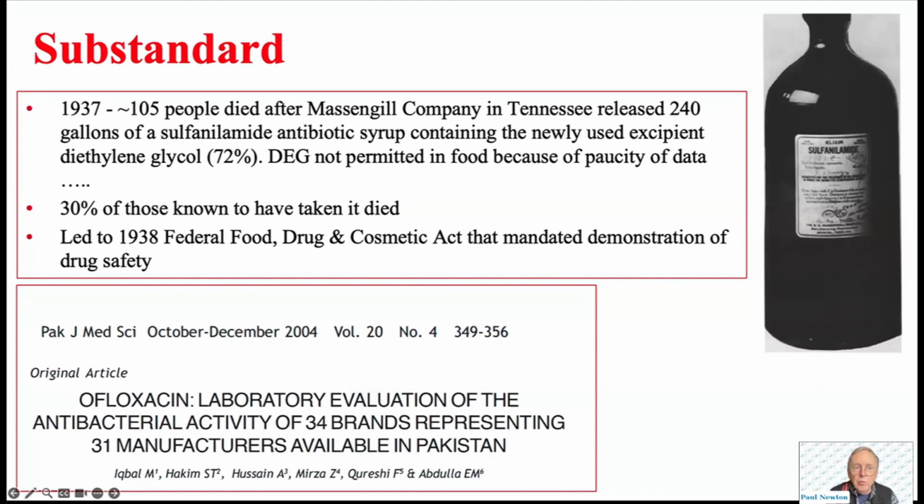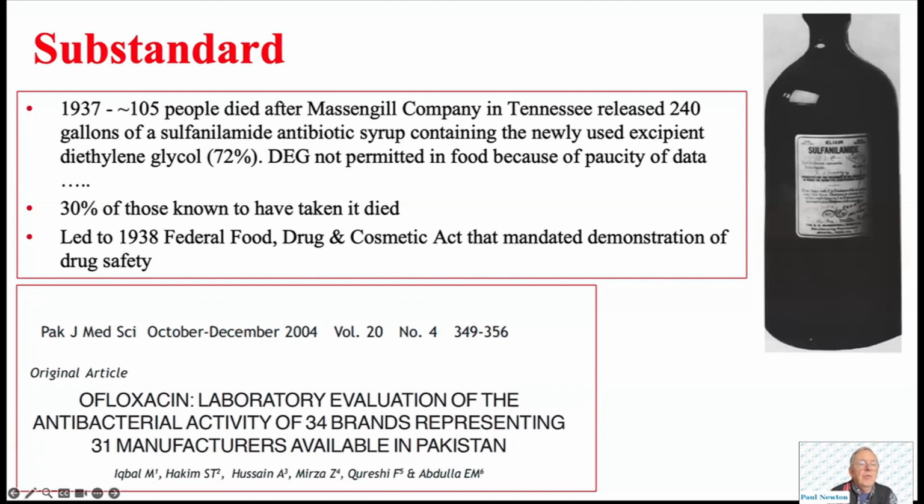But at that time, it wasn't known that diethylene glycol is a renal toxin, although there was some evidence because it was not allowed in food, but that was largely because there were no data to support its safety. But over 100 people died in the States from renal failure, and this had a very big impact within the States and led to the beefing up of the US FDA in 1938.